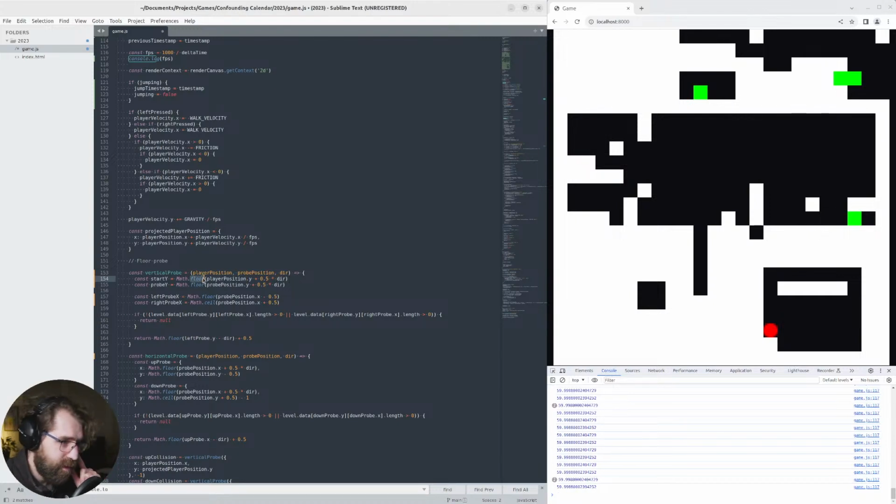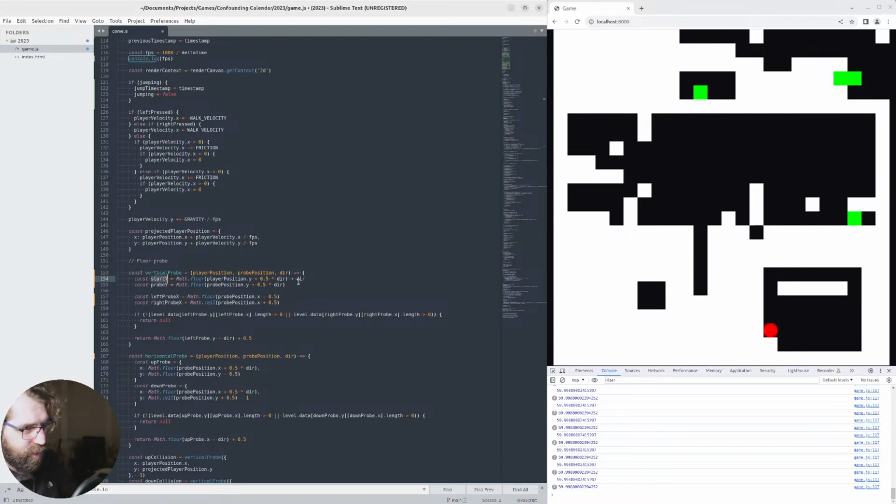So that will give us the starting Y, but actually not that. That's plus or minus 1, so plus 2. Yes, rounding the bottom of the character or the top of the character, depending on whether we're doing an upwards check or a downwards check, to the nearest cell. But we don't want to check that one. No, we do want to check that one. Yes.